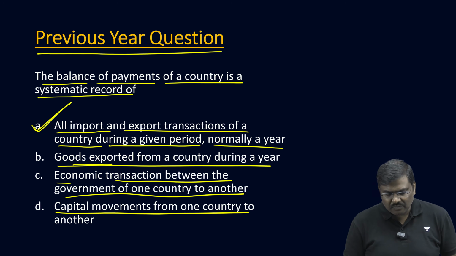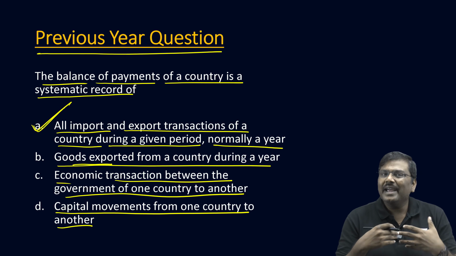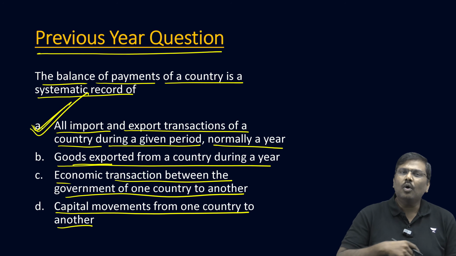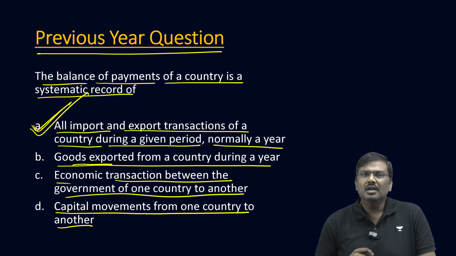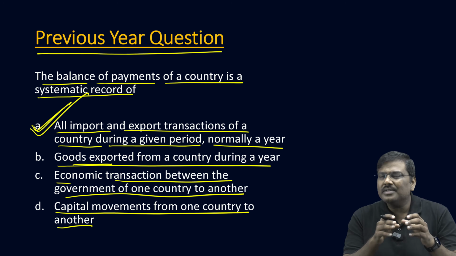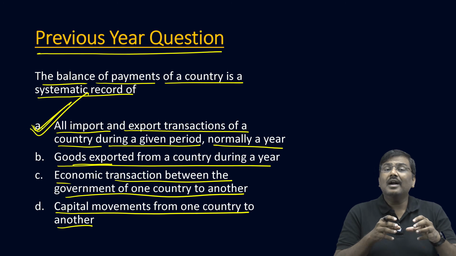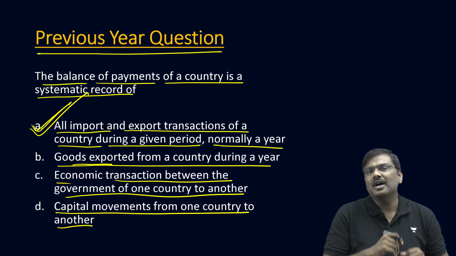D, capital movements from one country to another, again part of the BOP. Whereas statement A covers all the transactions, inflow as well as outflow. So these are the various questions which have been asked in the recent past by the UPSC regarding the concept of balance of payments that we have discussed just now.